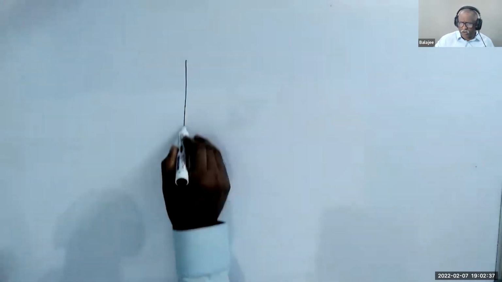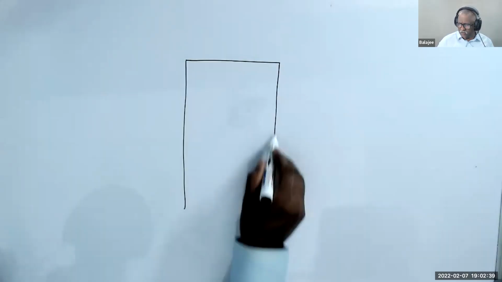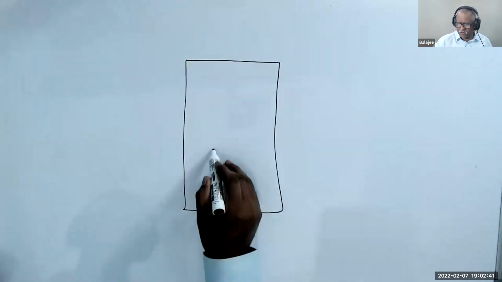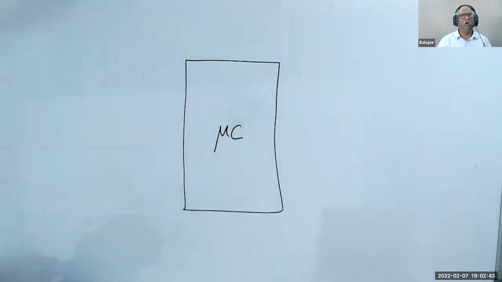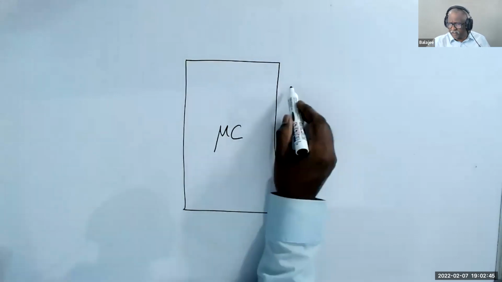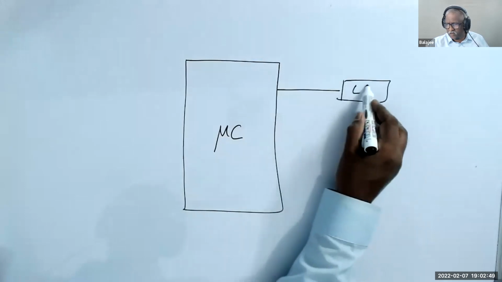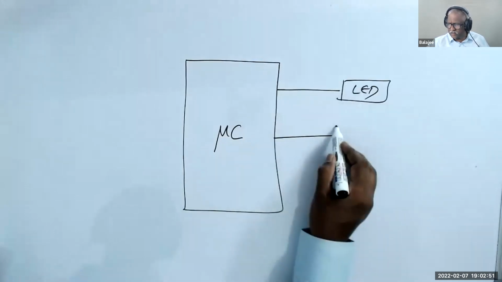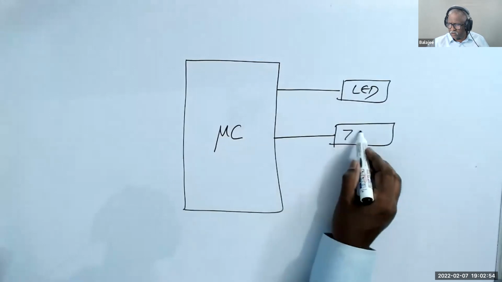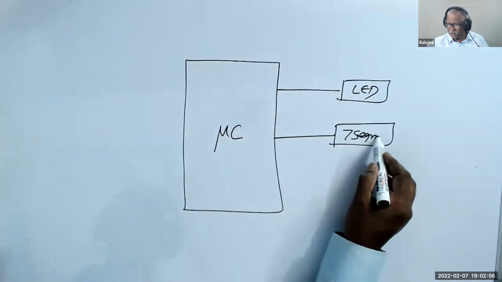So the trick is, if you take a microcontroller, there are 4 devices we connect directly. One is LED. Second one is 7-segment.